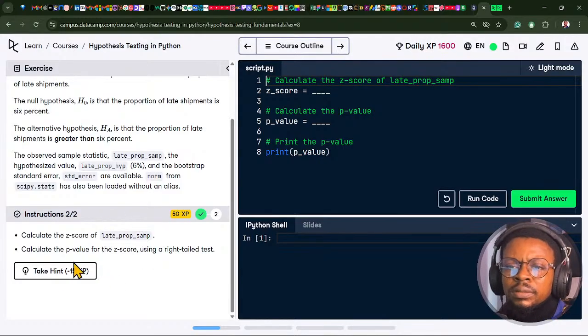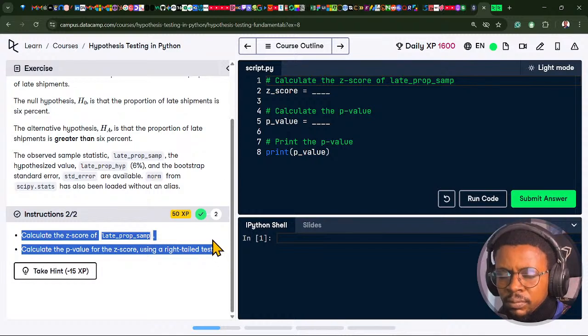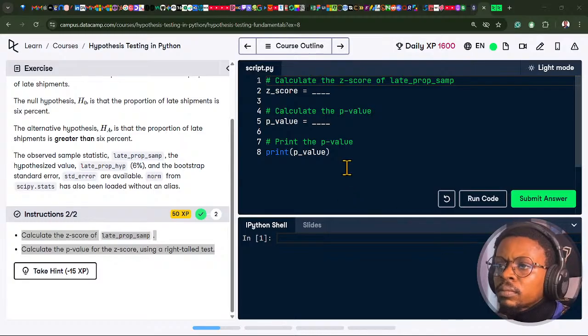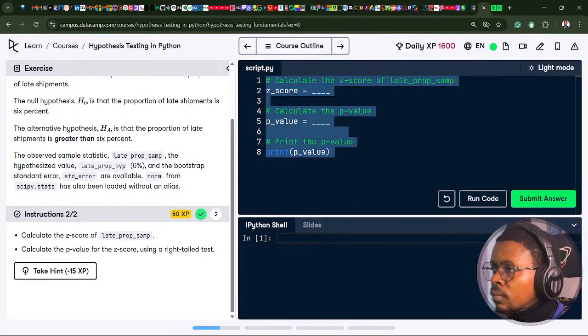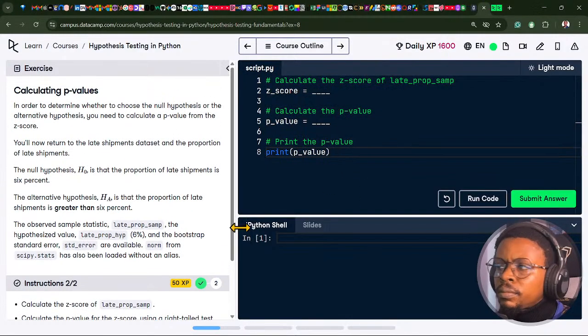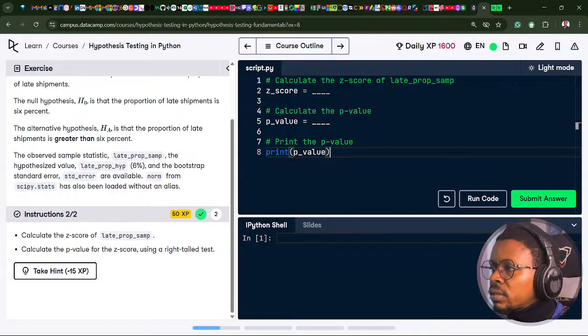So let's calculate the z-score of the late prop sample, and calculate the p-value of the z-score sample using a right tail test. Let's calculate the z-score. This is not what we were given.